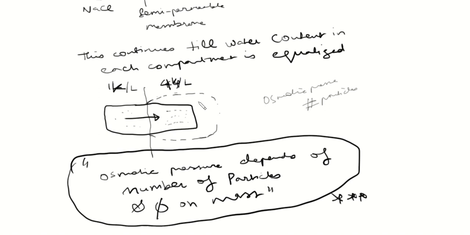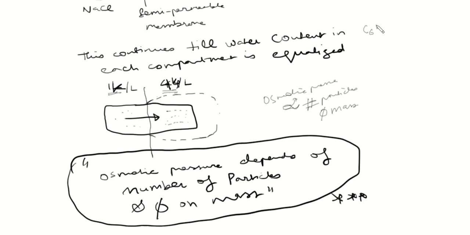Okay. Now, the key is to know that the osmotic pressure is dependent on the number of particles and not the mass of the salt. So in other words, it doesn't matter if it's 1 kilogram or 4 kilograms. It matters how many particles are there. Well, how does that come to pass?